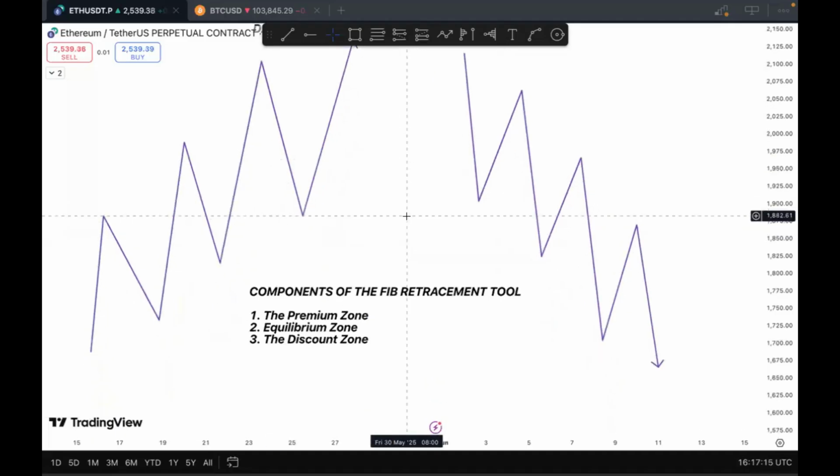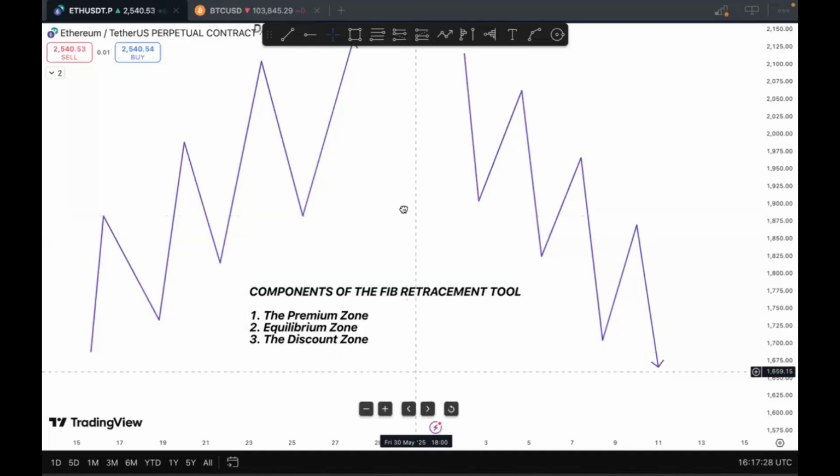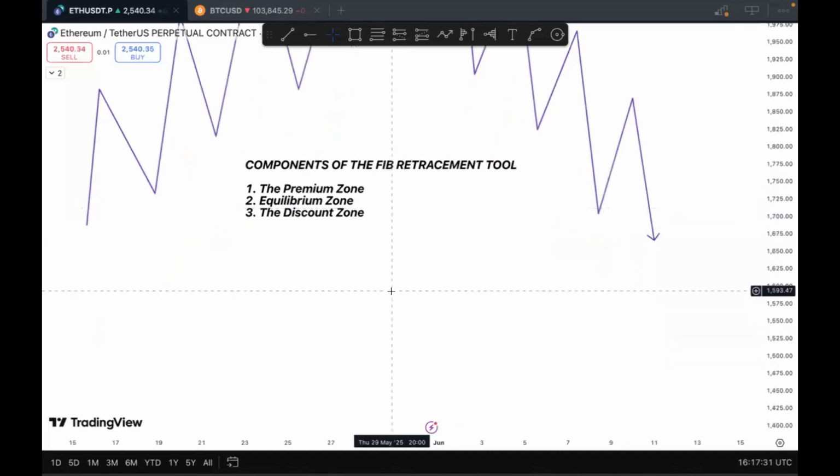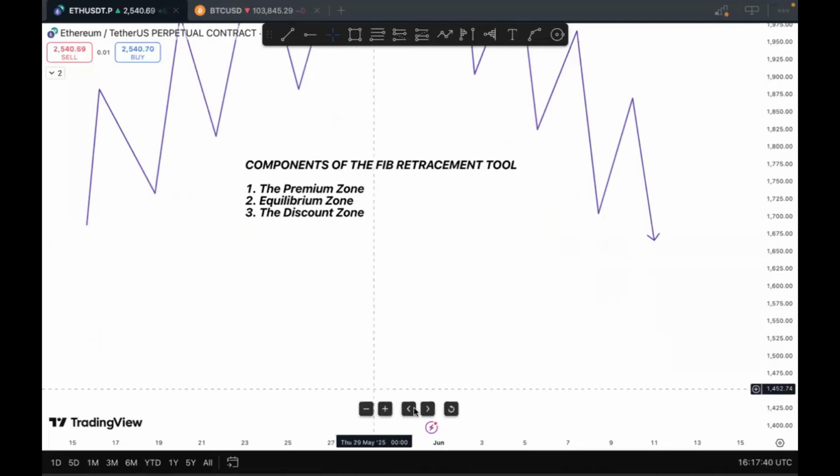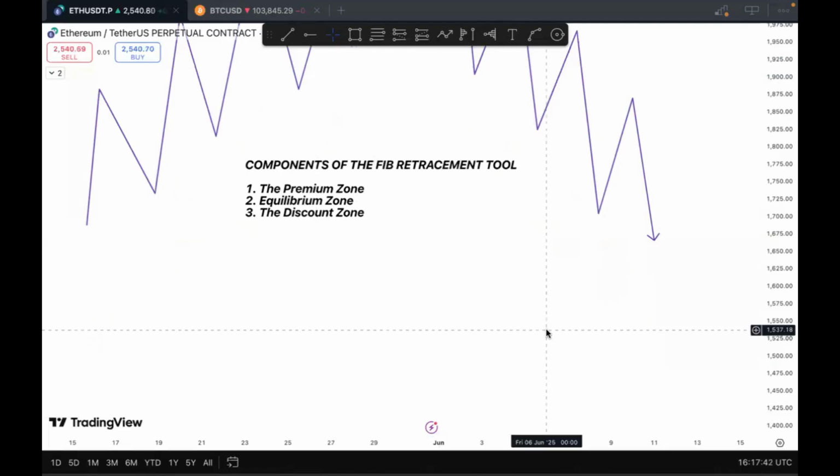Now we have three components of the Fib retracement tool. Number one is the premium zone. Number two is the equilibrium zone, and number three is the discount zone. The premium zone, the equilibrium zone, and the discount zone.